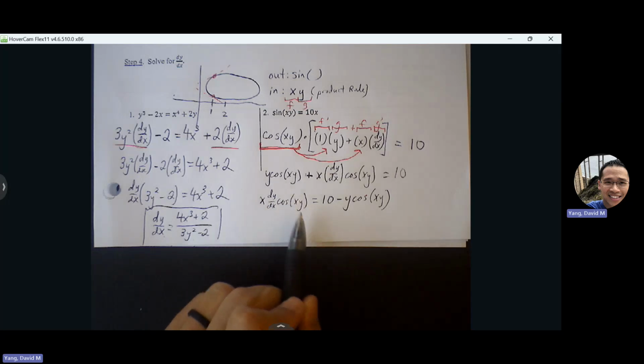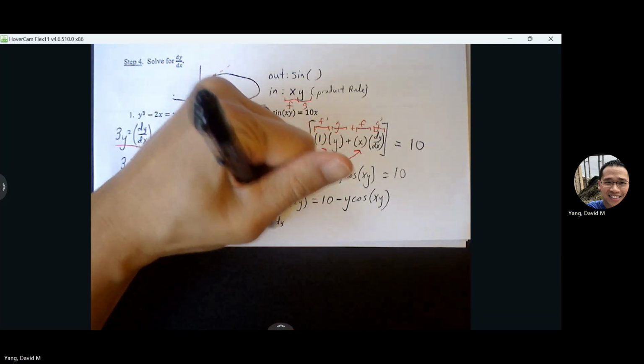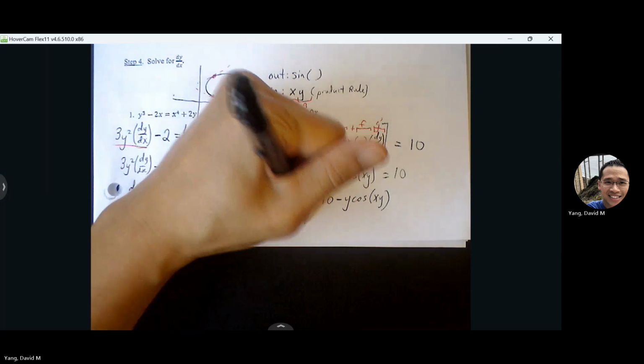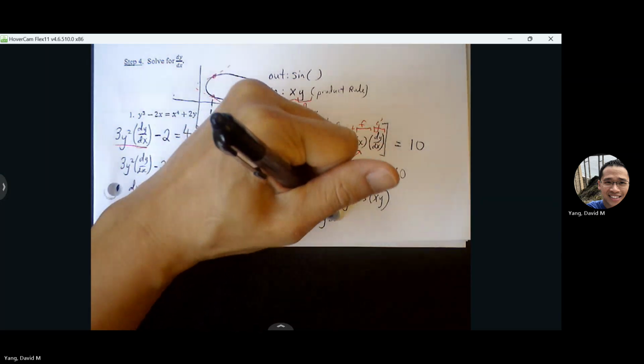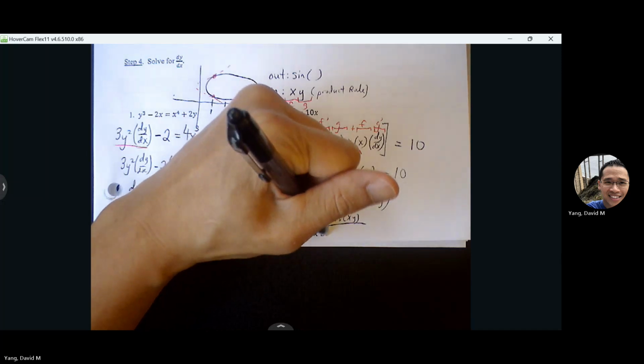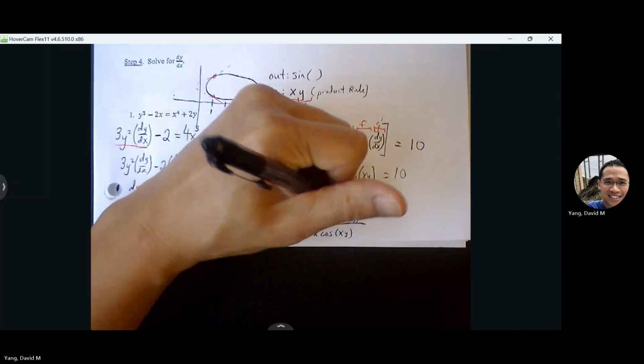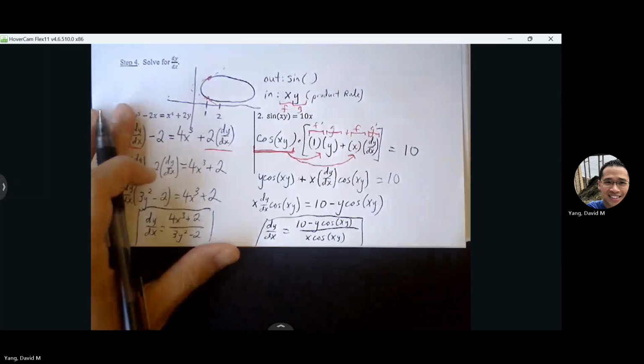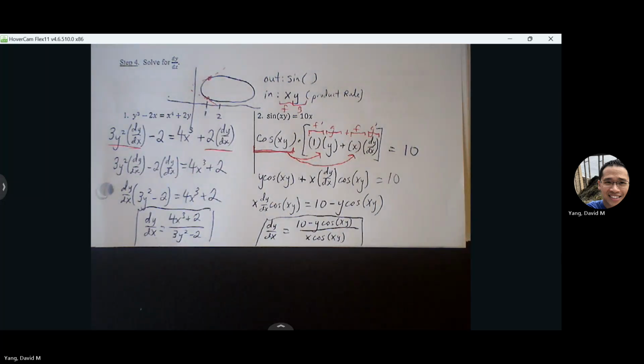You divide both sides by x cosine xy. Right, next page.